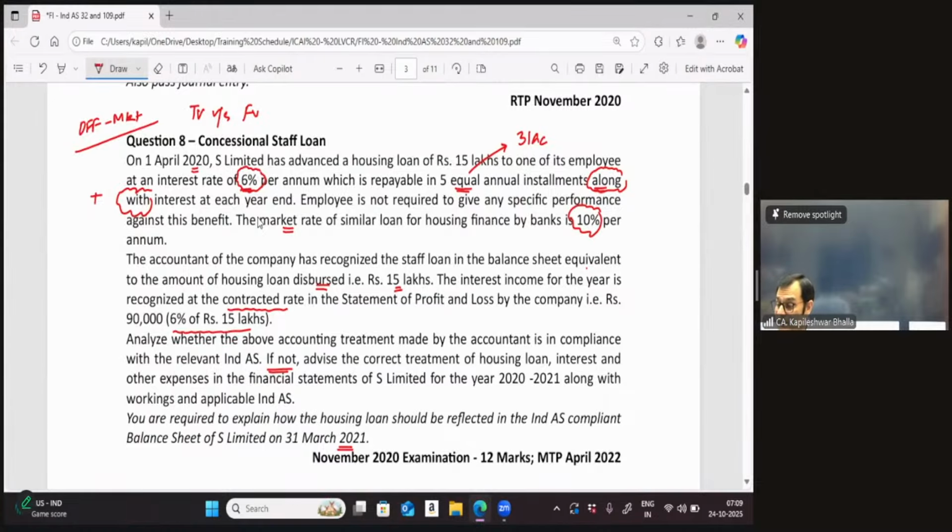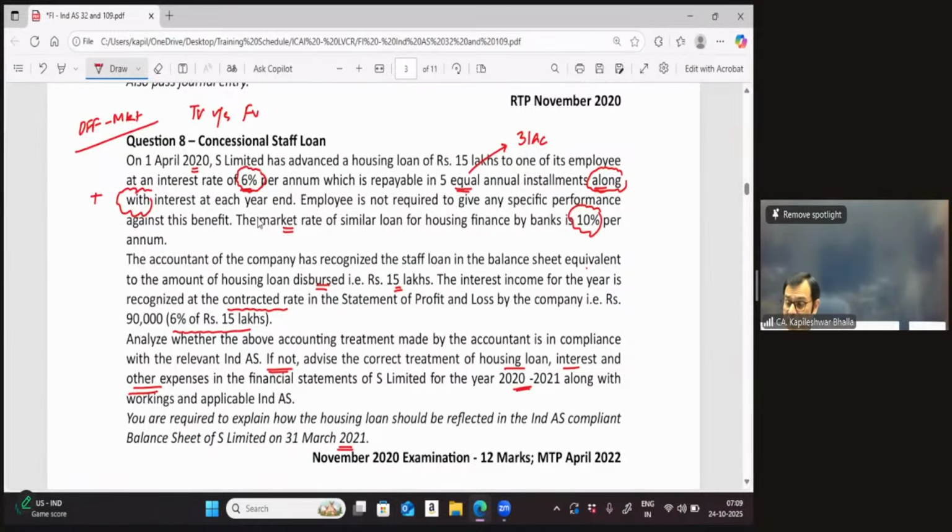Advise the correct accounting treatment for the housing loan, that's 1. The interest, that is 2. And other expense, that is nothing but the difference between the transaction value and the fair value, which is going to give rise to the other expense. In the financial statements for the year 2021, along with the workings and applicable Ind AS.